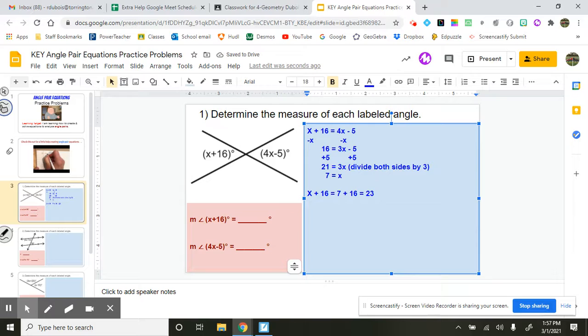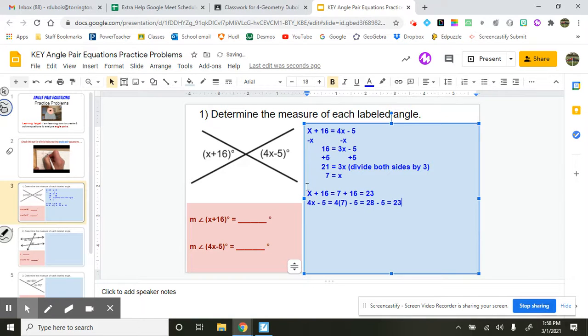And let's do the angle on the right. The expression on the right is 4 times some unknown number minus 5. Well, that becomes 4 times 7 minus 5. 4 times 7 is 28. So 28 minus 5 is 23.